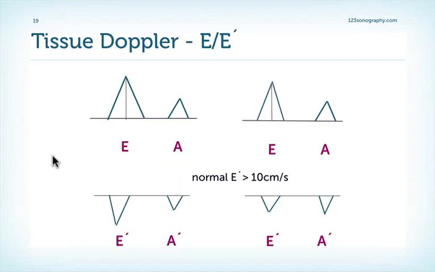But you can also solve this problem with the help of tissue Doppler by looking at the size of the E prime wave and the ratio between E prime and E. In patients who have a normal diastolic function, we have a fairly large E prime with more than 10 centimeters per second and a small ratio. In patients who have a pseudo-normal pattern, we have a small E prime and a fairly large E to E prime ratio. In other words, a value which reflects elevated left ventricular filling pressures.